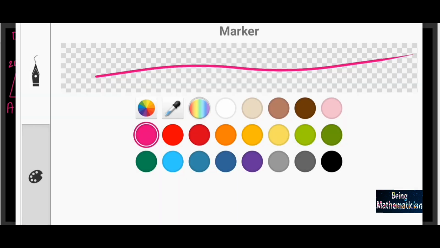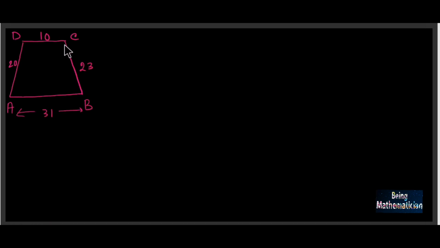Now let's draw a line from C which is parallel to AD, meeting AB at M. So this is 20 and this is also 20. Since AMCD is a parallelogram, AD must be equal to CM, and it is 20, and CD must be AM, and it is 10. So MB is 31 minus 10, and it is 21 centimeter.